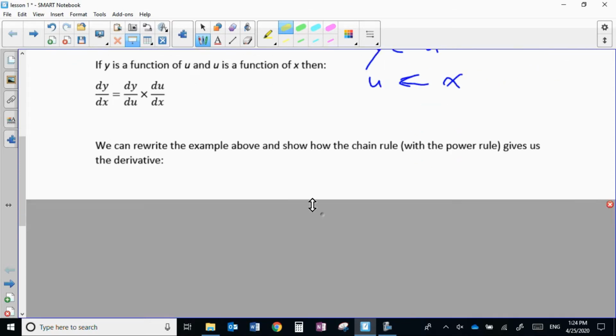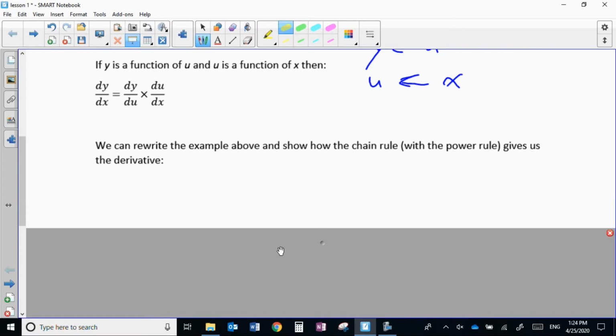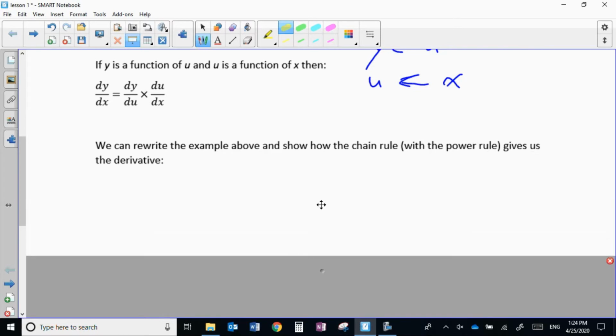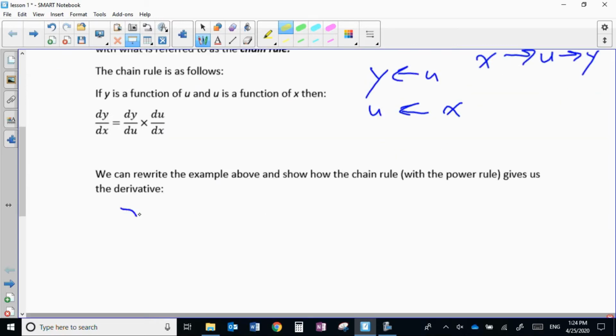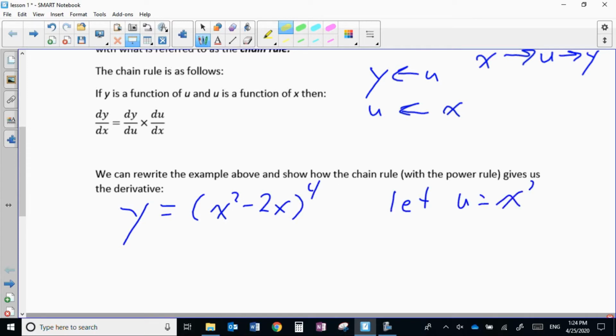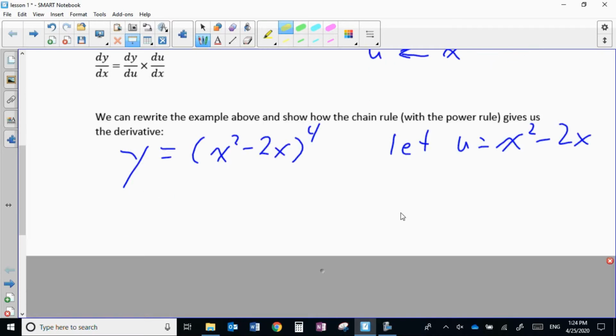So let's actually do that. I walked you through it in words, but we can say that in our above example, y equals x squared take away 2x to the power of 4. We can say let u equal x squared minus 2x. And so y equals u to the power of 4.